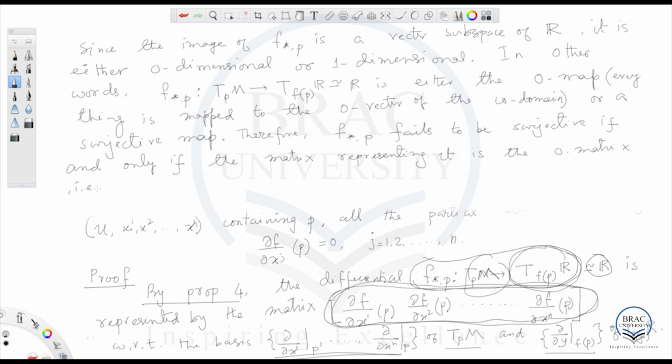That is, all the partial derivatives del f by del xi at p vanish. Okay, QED.